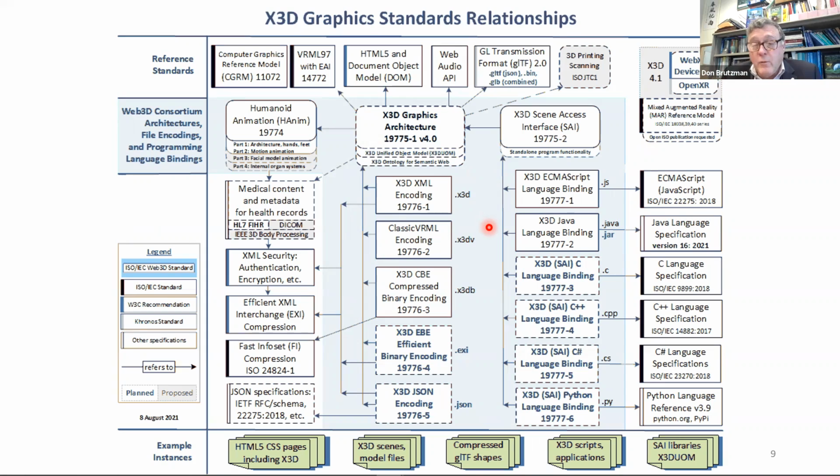So X3D Anywhere is definitely part of it. And then as you go outside the center of the diagram, we show the corresponding references. What are the other standards that we're aligning with so that our X3D core, our common architecture, is the same and rigorous and correct for all these other ways of doing business?